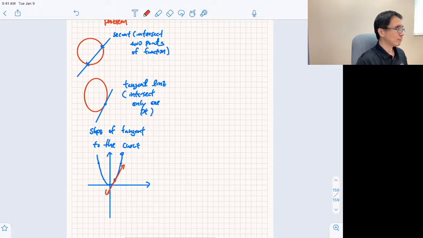Well, it can change, right? It depends on the location. Sometimes the slope is going to become steeper, sometimes flatter. It really depends on what x value we're talking about. That's very, very important. So that's going to be the slope of the tangent line. So this is a question mark.